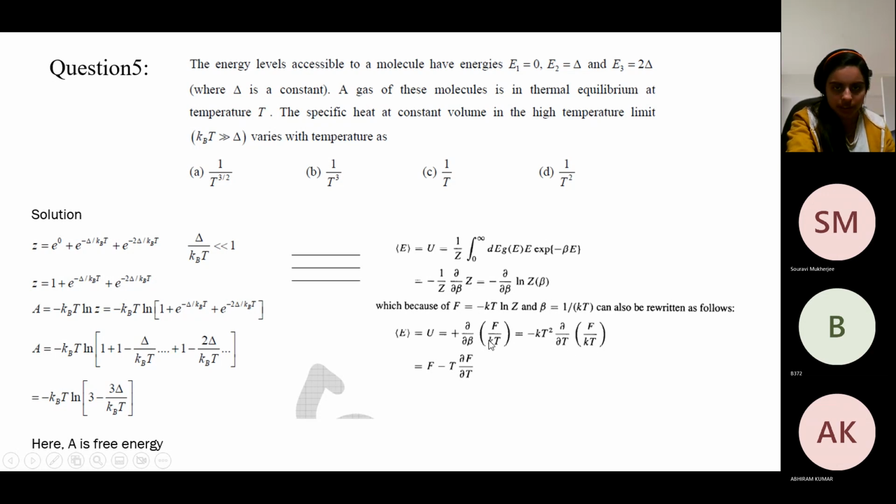This is your expression for internal energy. Try to do a derivative with respect to temperature. So what do you get?